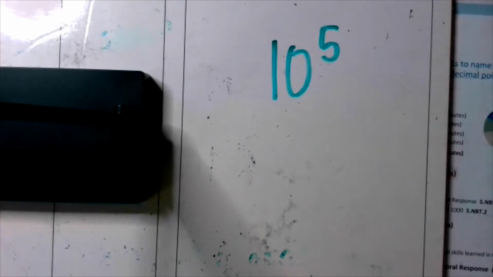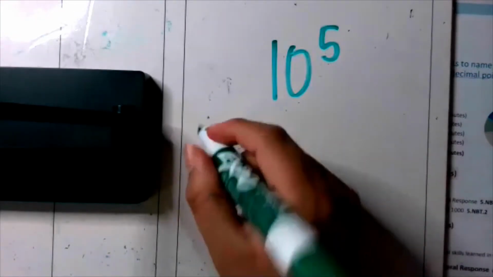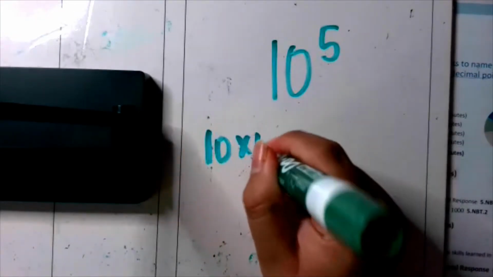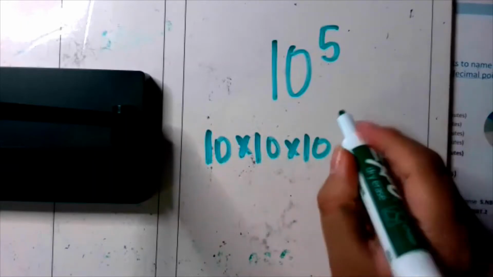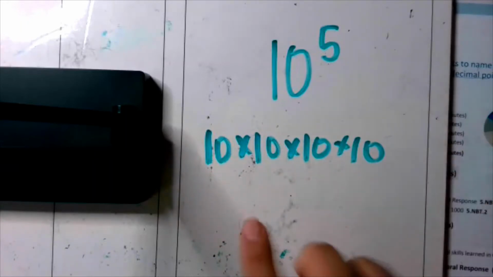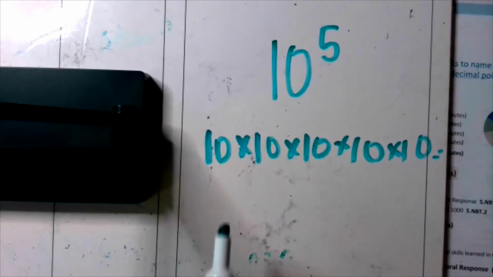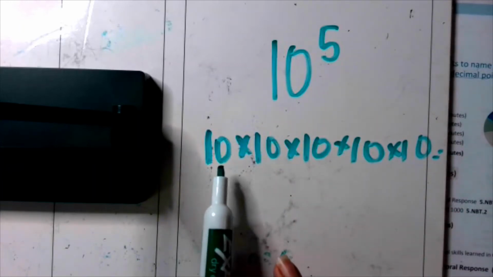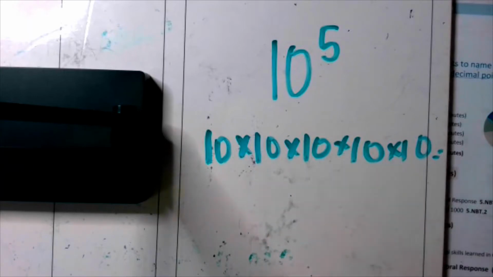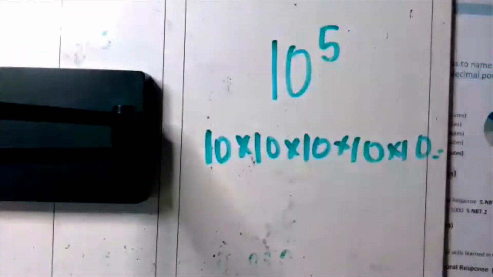So I know that since my exponent is 5, I'm going to multiply 10 5 times. Okay. So now what is my total? I count the number of 10s, 1, 2, 3, 4, 5. I go ahead and use my chart really quick. So 10 to the 5th power should be 100,000.